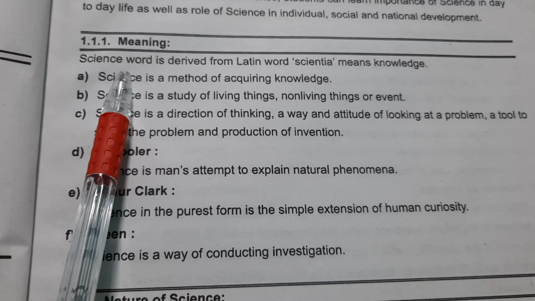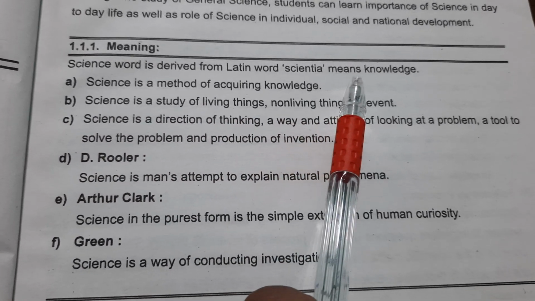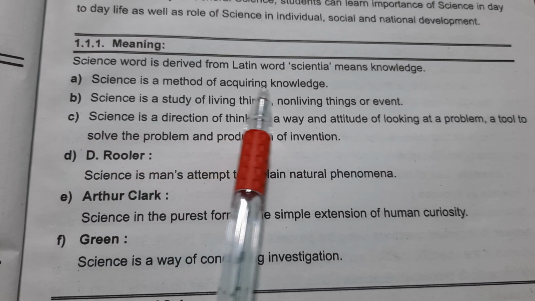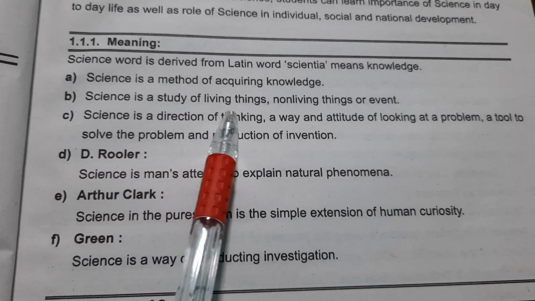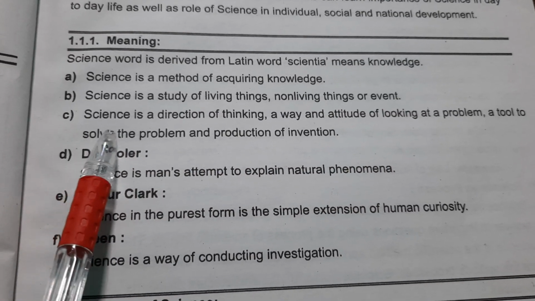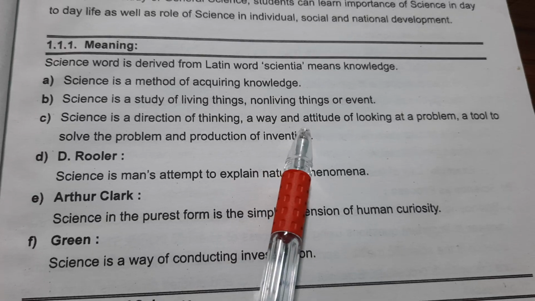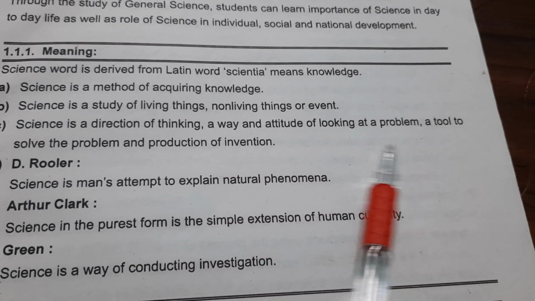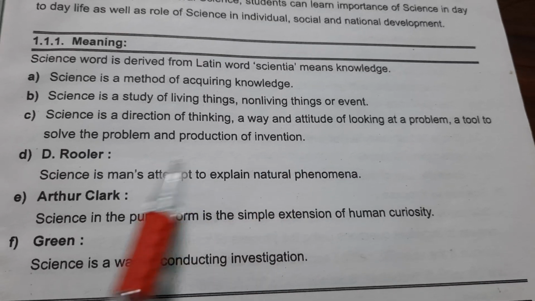Meaning. The word science is derived from the Latin word scientia, meaning knowledge. Science is a method of acquiring knowledge. Second, you can take down, science is a study of living things, non-living things or events. Third, science is a direction of thinking, a way and attitude of looking at a problem, a tool to solve the problem and production of invention.